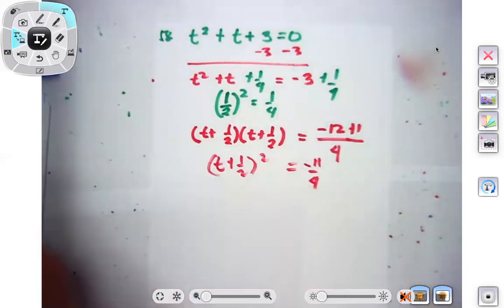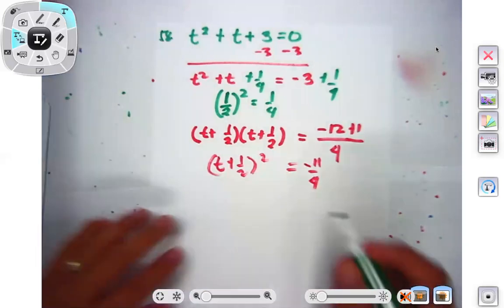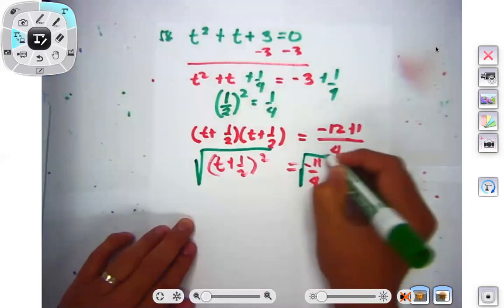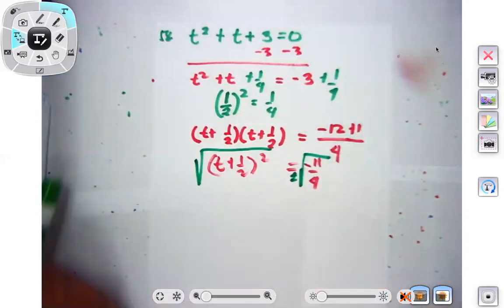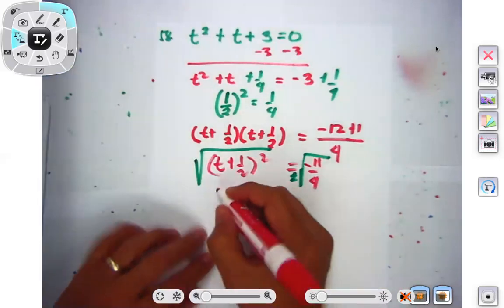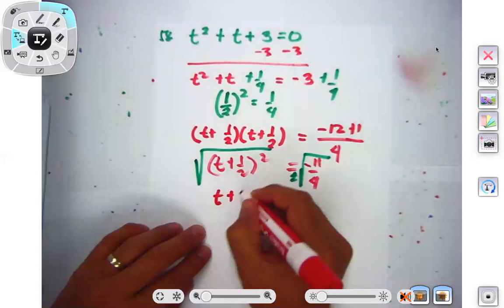And then we get the square root, positive, negative. What's the square root of t plus 1/2 squared? Well, that is t plus 1/2.